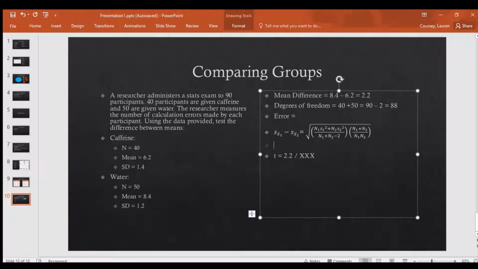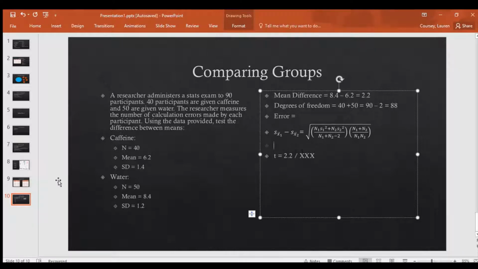All right, so let's walk through this. I'm calling it here the error. You could call it the pooled variance estimate. Either way, it's our denominator for obtaining our t value here. So you'll see that you have these items within the equation that are squared.